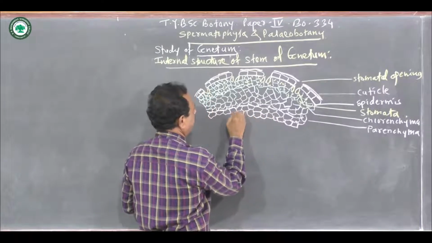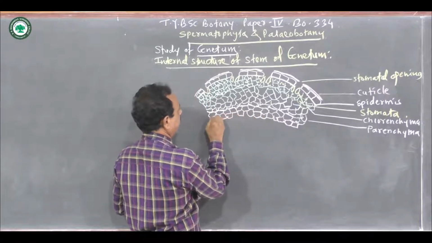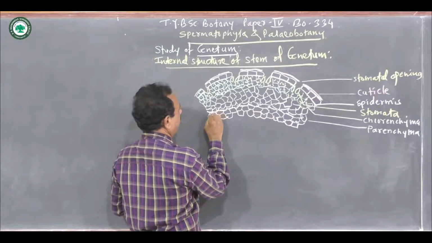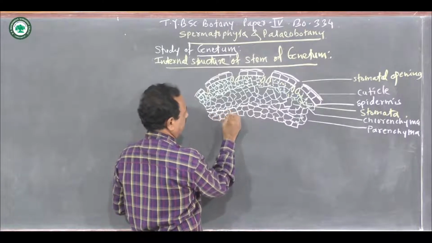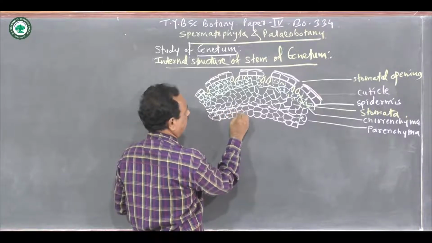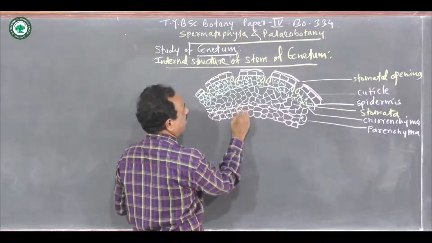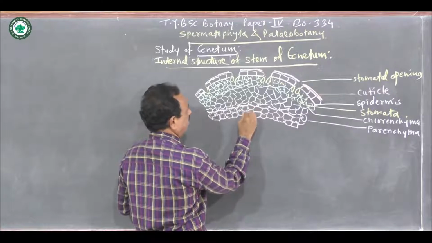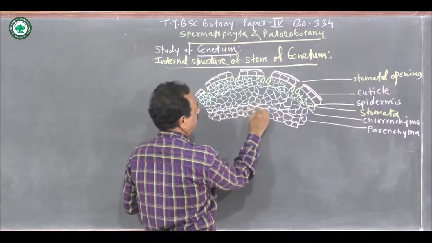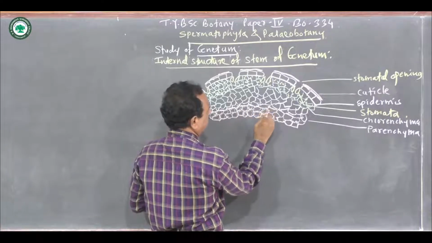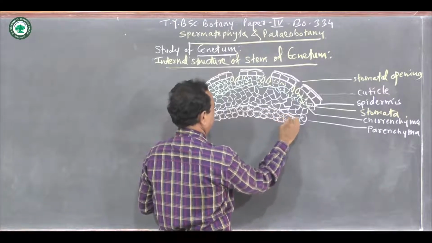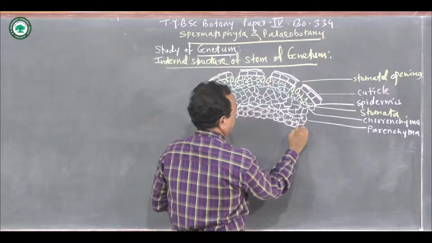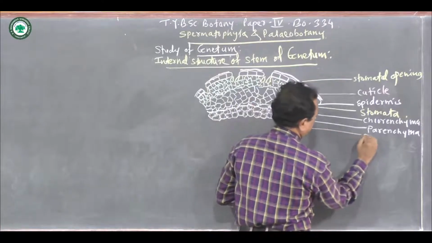The cells become thick-walled due to the deposition of the lignin substance. So the lignin substance is deposited on the walls of this sclerenchymatous cortex. So thus here, this is the sclerenchyma.